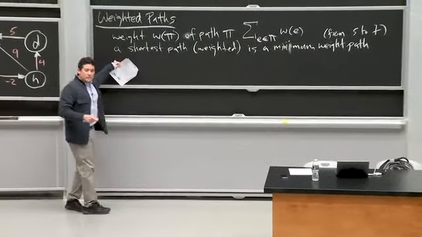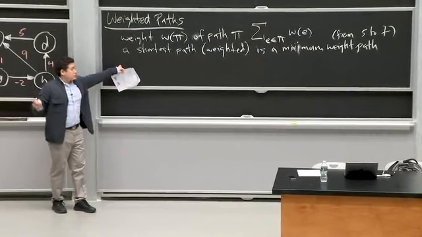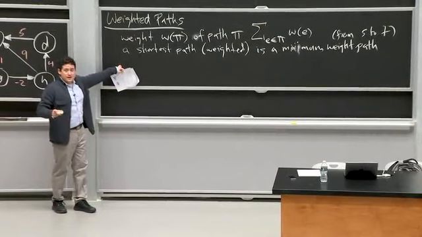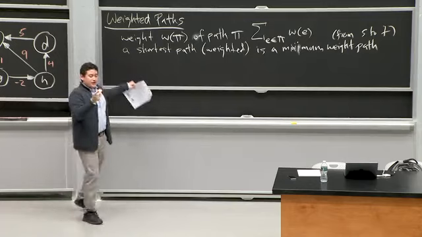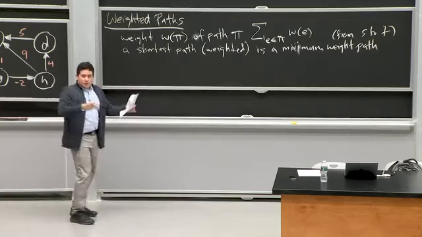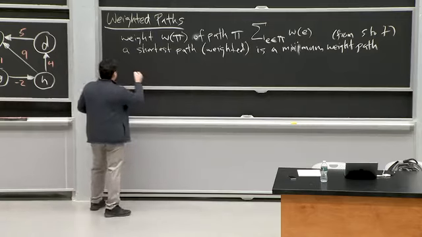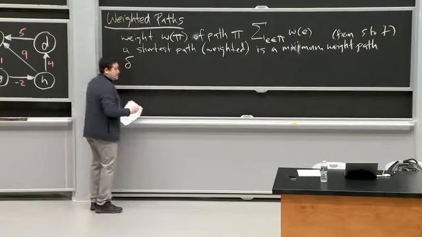Nothing too interesting here, but there are actually some subtleties we have to deal with. Just like we did with breadth first search when we talked about shortest paths, we're going to define an expression for the shortest path weight between 2 vertices. I'm going to represent that by a delta, right?